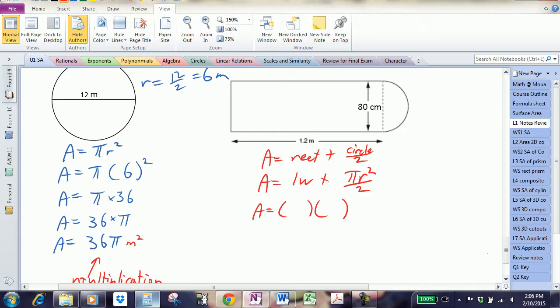Yeah, they're not the same, right? So what do we have to do with them? Times 100. Yeah, we gotta make them the same. Okay? So the easiest way is times this by 100. 120 centimeters. So 120 times 80.